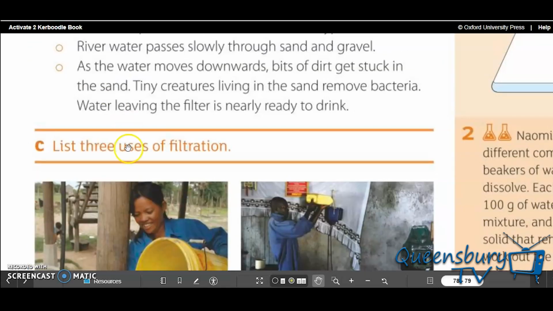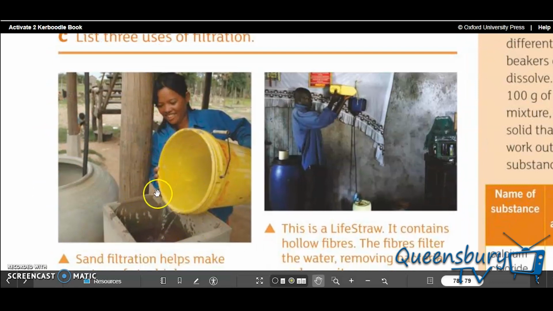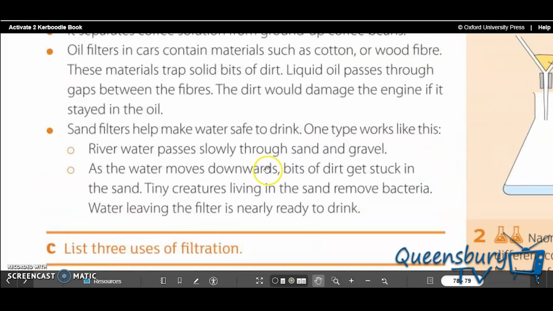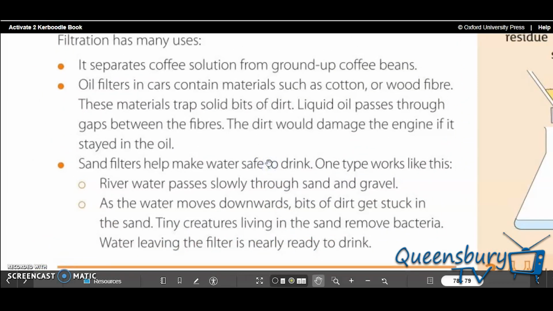In some countries they may use a filter, like here, to clean the water. So when they get the water, they will pass it through again some filter, and it will trap any solid bits in the water, so that at the bottom we've only got water without any tiny bits in it. So there's many real life examples of that.